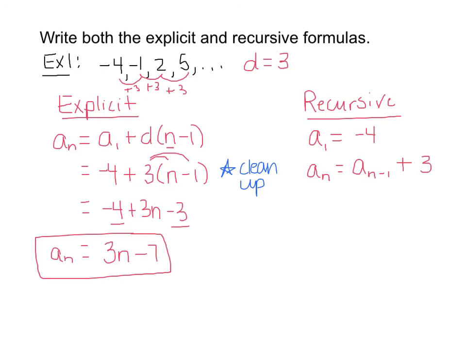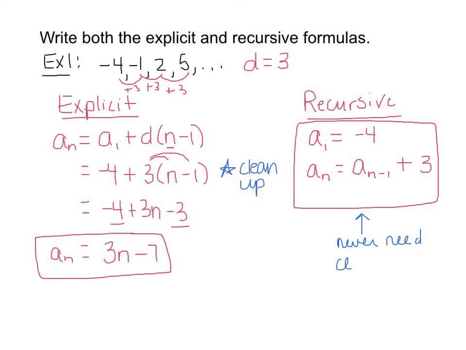Now again, I'm just writing the generic form so that I could go ahead and keep building this sequence. So you're going to leave it just like this. Remember, the recursive formula has two parts. The a sub 1, what it equals, and then a sub n. Okay, this will never need cleaning up.